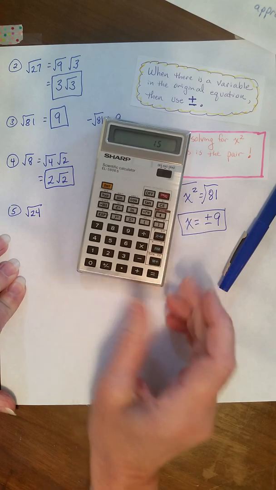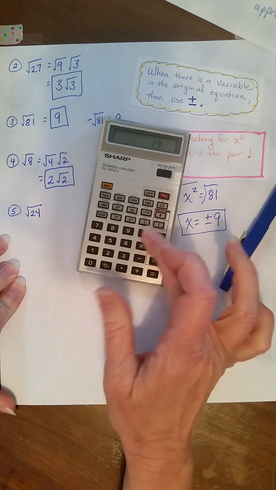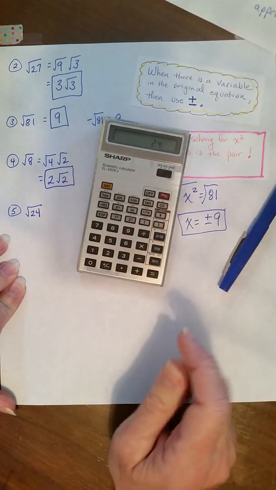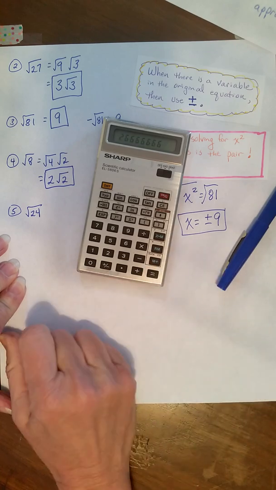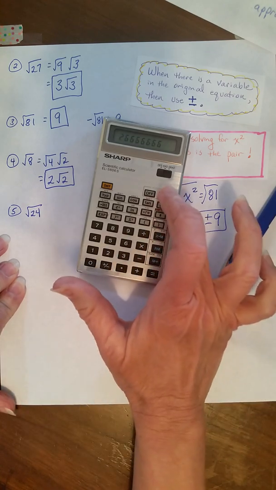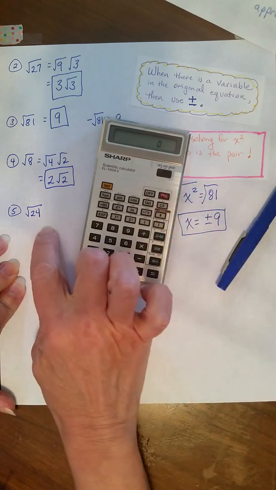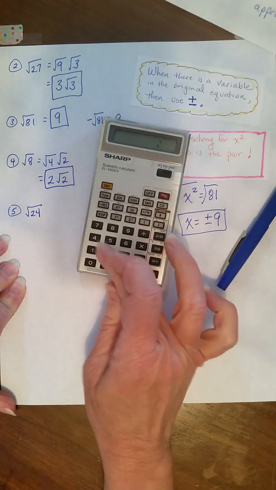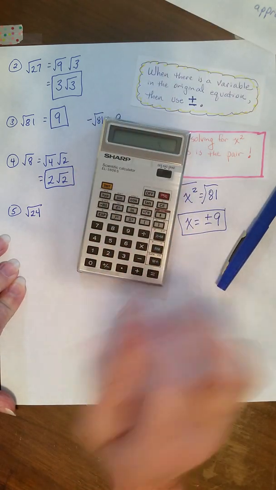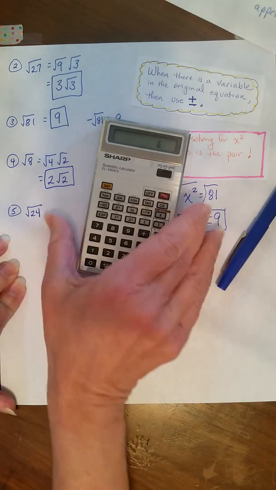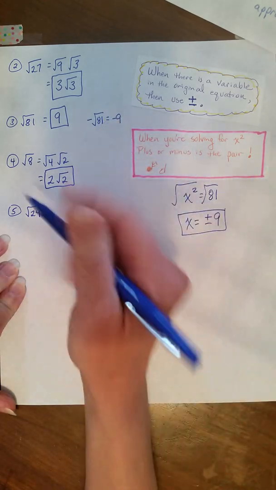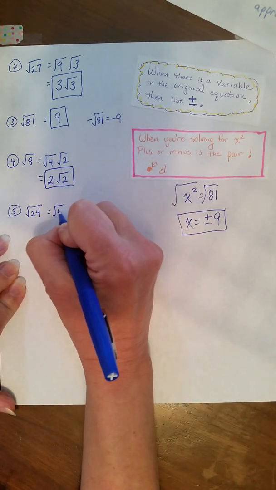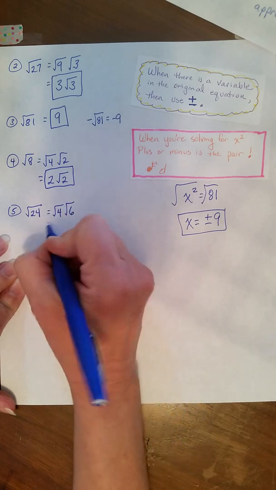No, you get 1.5. Is it divisible by the next perfect square, 9? No, you get a long decimal. Is 24 divisible by 4? 24 divided by 4? It is. You get 6. So you're going to split this up as root 4 and root 6.